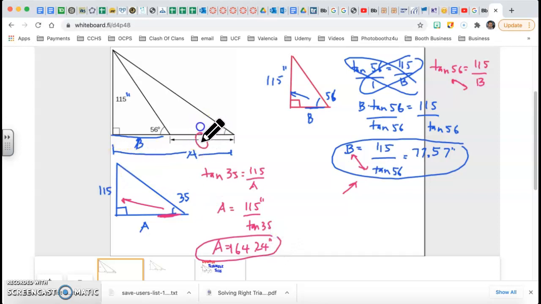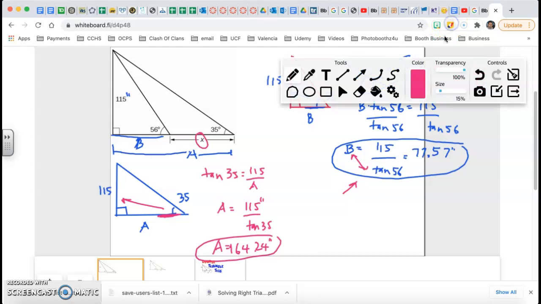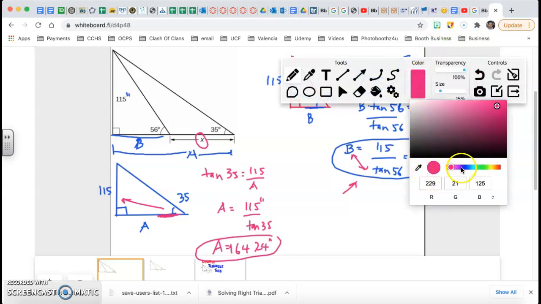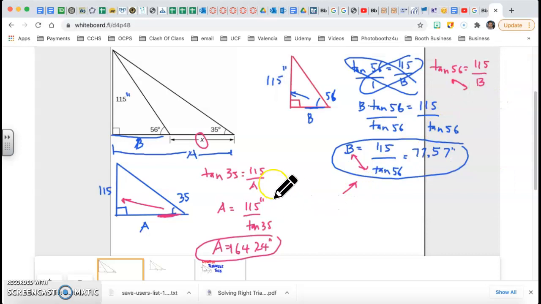To find x, let's change the color again. Let's do black. So to find the value of x, x is the whole thing, which is a, minus the other piece, which is b. x equals a, and a is 164.24 inches, minus b, and b is 77.57 inches.